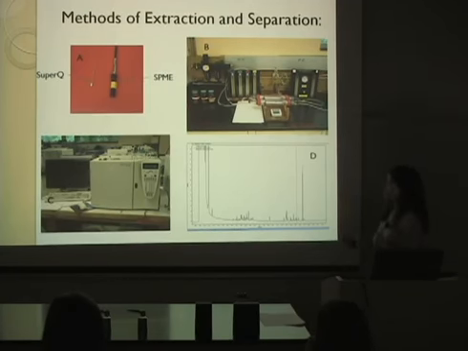Then the second method that I used was the volatile collection technique using the Super Q filters. The Super Q filter is shown in figure A next to the SPME.